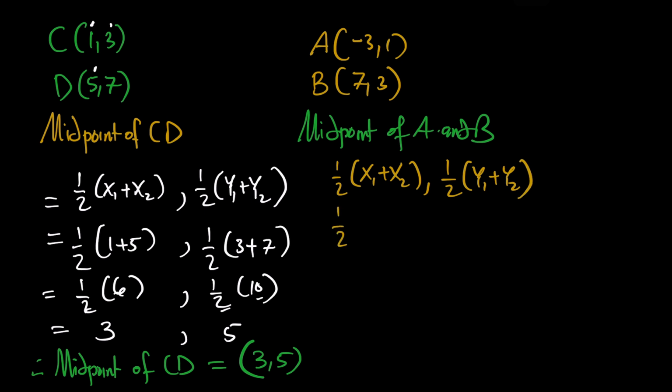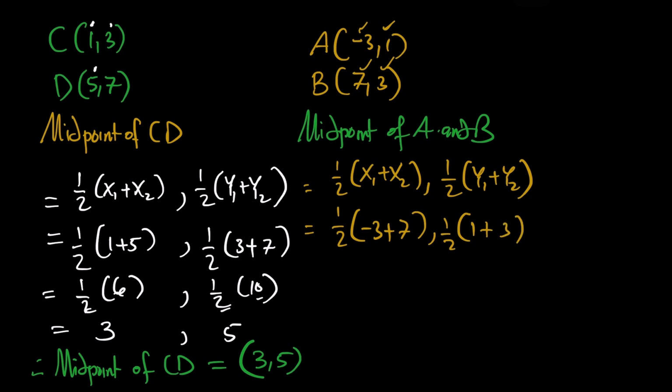So that you have half, this is equal to, you have half the x1 here. This is our x1. This is our x2. Sorry, y1. x2, y2. So x1 is -3 plus x2, which is 7, half. y1 is 1 plus y2, which is 3.